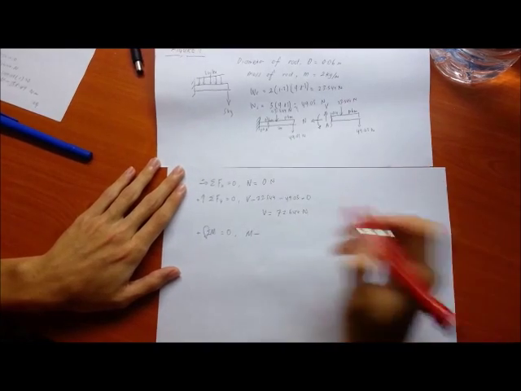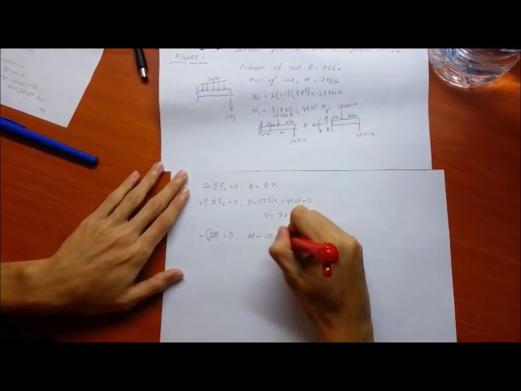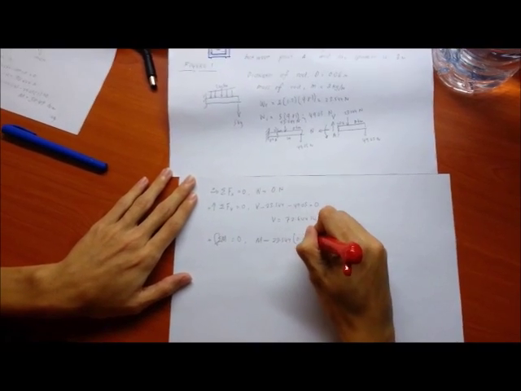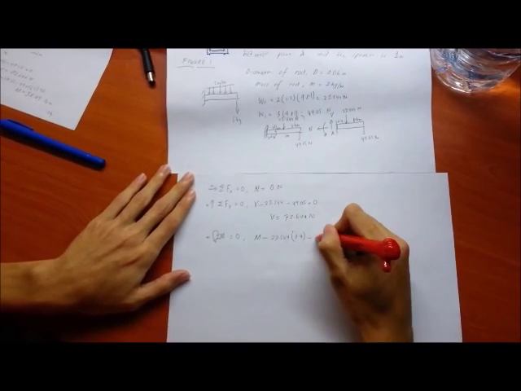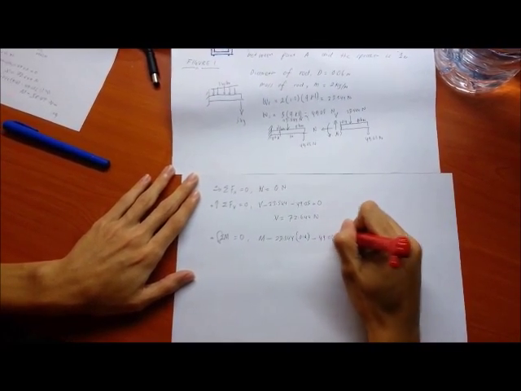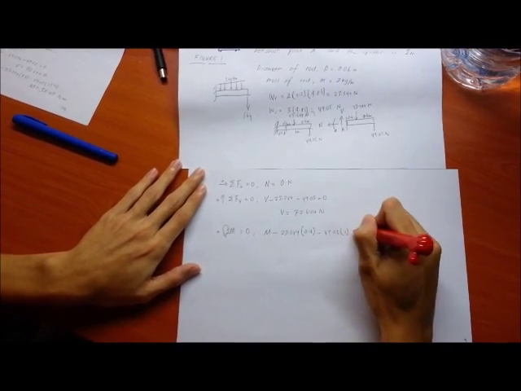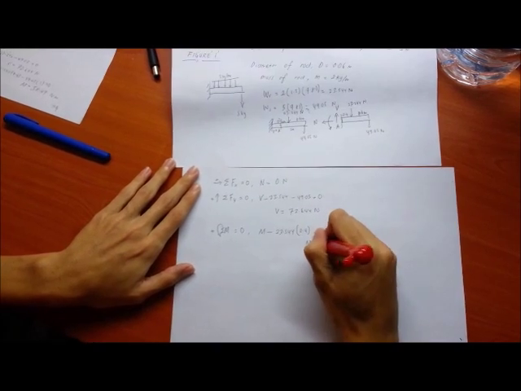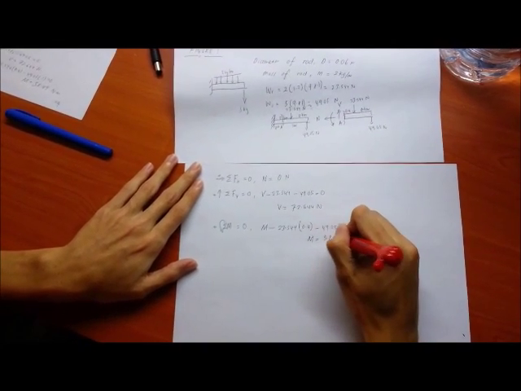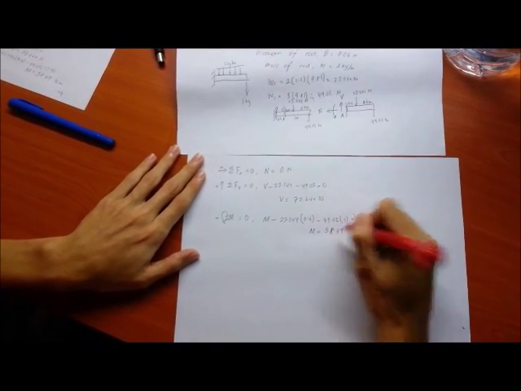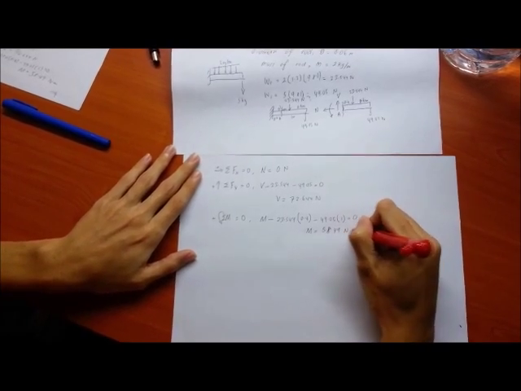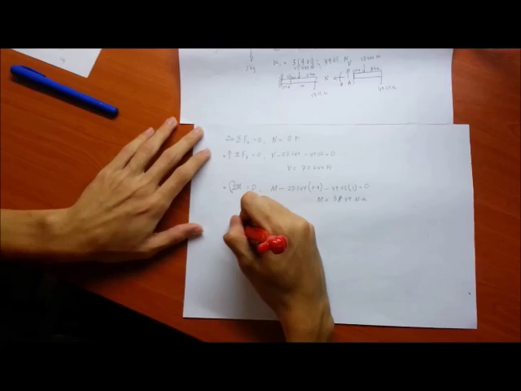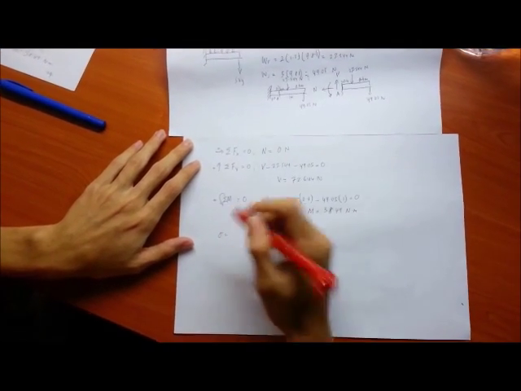M minus 23.544 times 0.4 minus 49.05 times 1. Then we get 58.49 Newton meter.